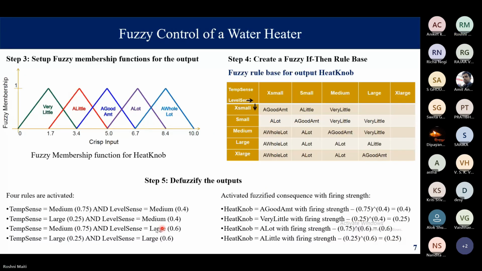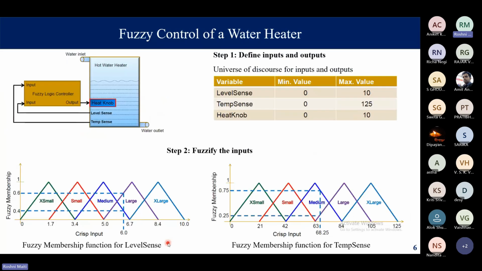So here we have written medium 0.75, large 0.25. And here we have combined level sensor medium 0.4 with these two combinations. Then we have medium 0.75 and large 0.25 of the temperature sensor, and with that we have merged the level sensor of large 0.6. So 4 combinations we are developing here.